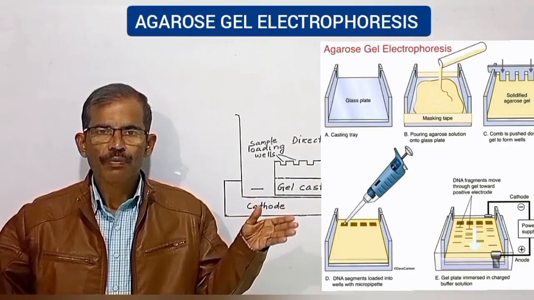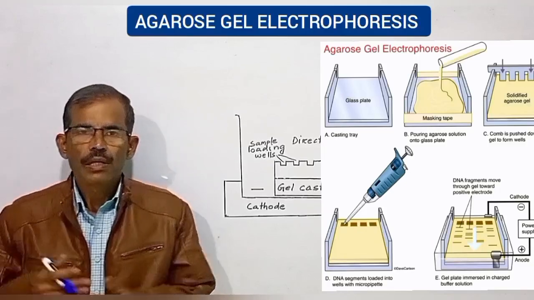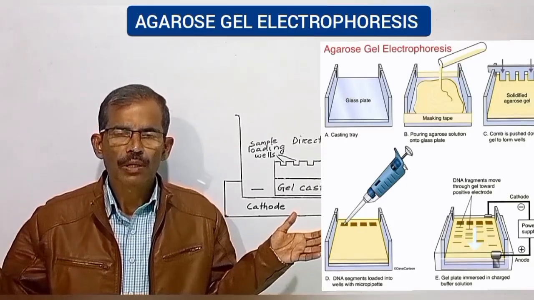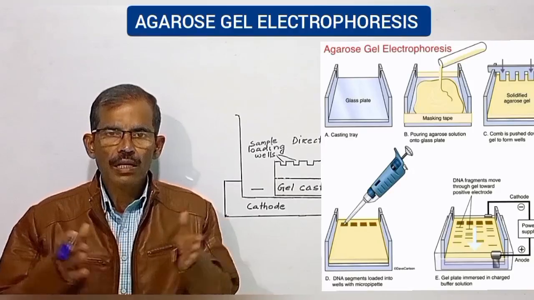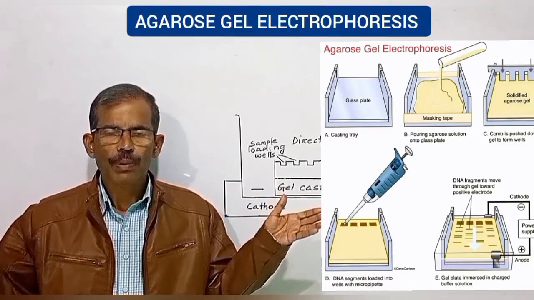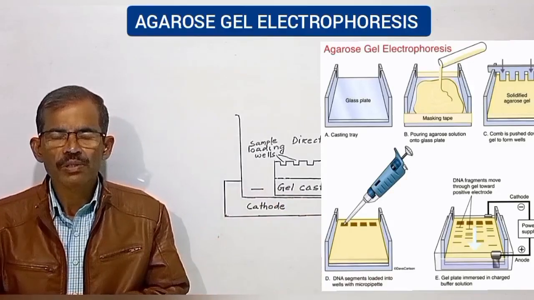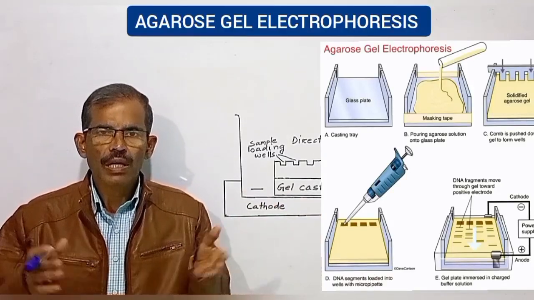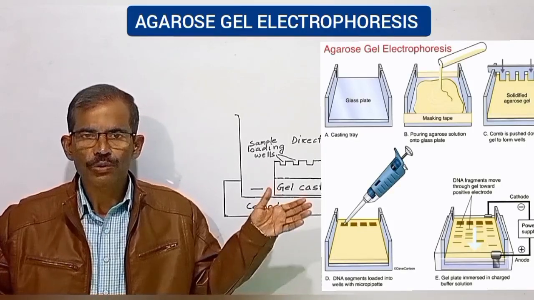Agarose gel electrophoresis is a method of electrophoresis used in biochemistry, molecular biology, genetics and clinical chemistry for the separation of a mixed population of macromolecules such as nucleic acids and proteins in a matrix of agarose.